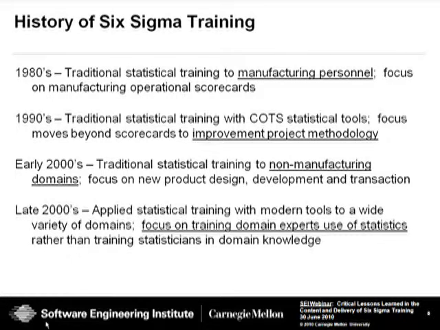And in the late 2000s, the training shift was noticeable in terms of moving more towards applied statistical training with modern tools to a wide variety of domains, and a special emphasis on enlisting domain experts from throughout your organization to apply these methods. And so it was a definite shift away from training a small core set of experts or statisticians and expanding it to coverage across all functions of an organization or corporation.